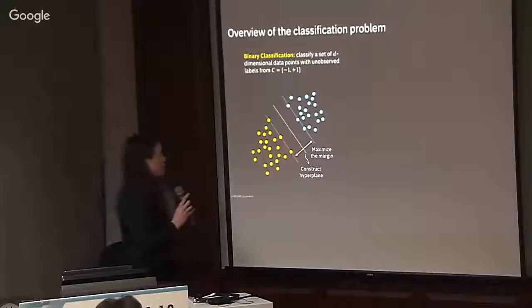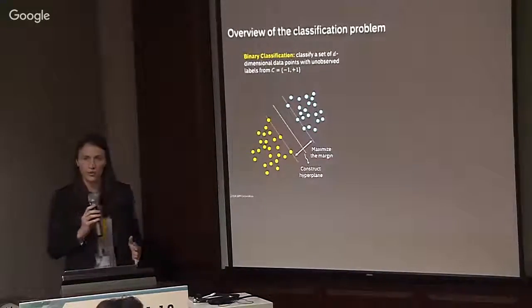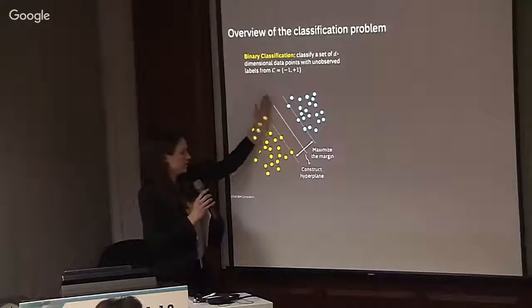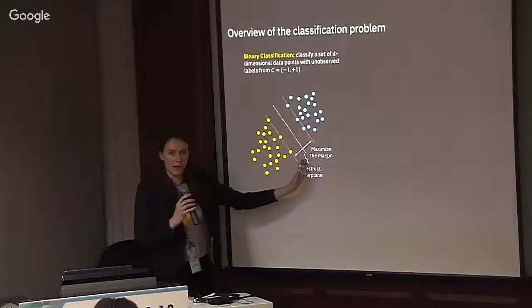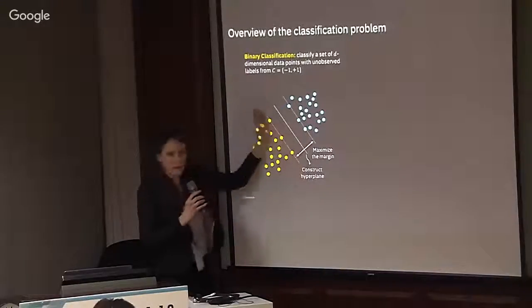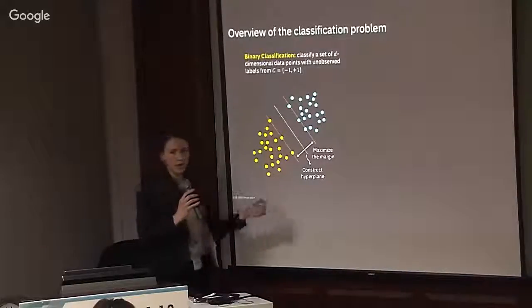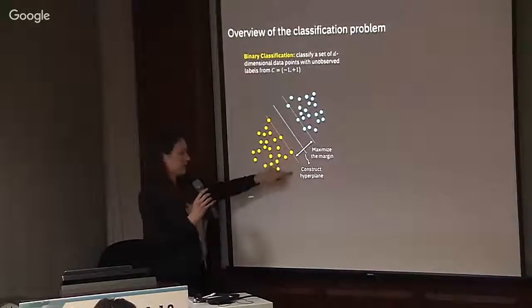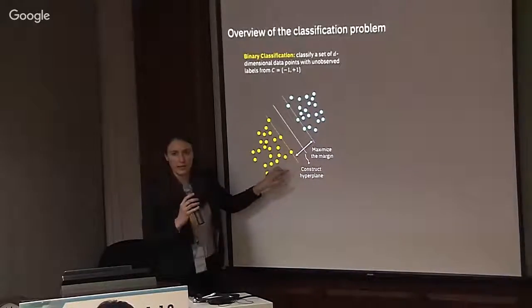So the way that you do this is you construct what's called a hyperplane. So here, this is the hyperplane. It cuts through these two sets of data in such a way that you've cleanly divided it. And then if I have a new data point that arrives and it lands here, I can say which side of this hyperplane it is on.